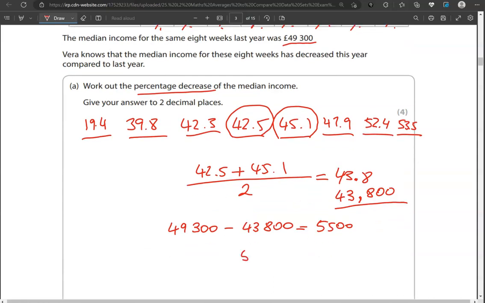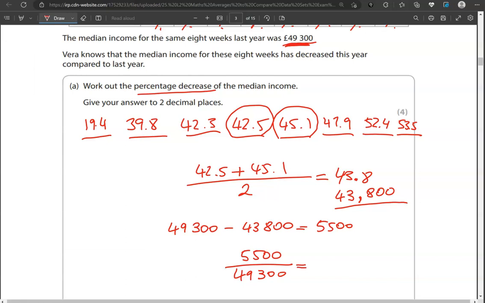So that is 5,500 out of 49,300, because that's the initial one. That's last year's. That's before the change happened. So it's always out of the initial value.